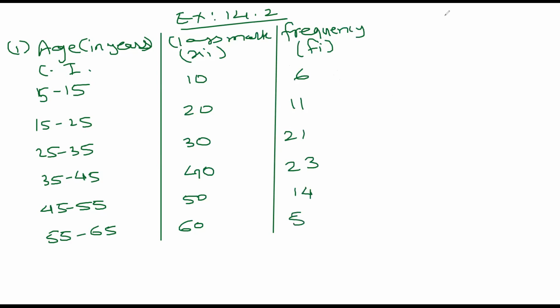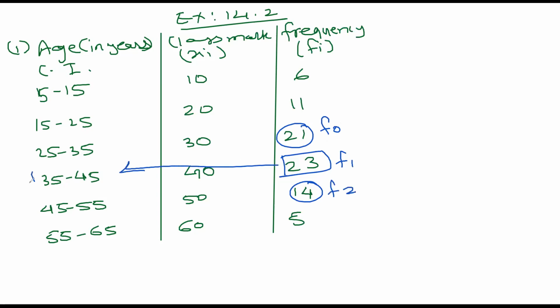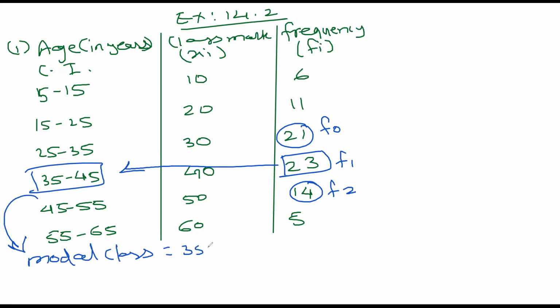All right. So here we can observe that maximum frequency is 23. So that is f1, the previous class frequency f0, preceding f0, succeeding f2. And the modal class is this. So modal class is 35 to 45.